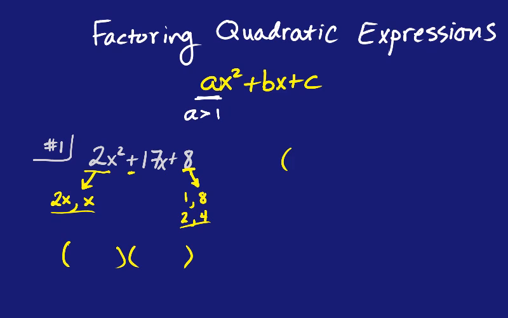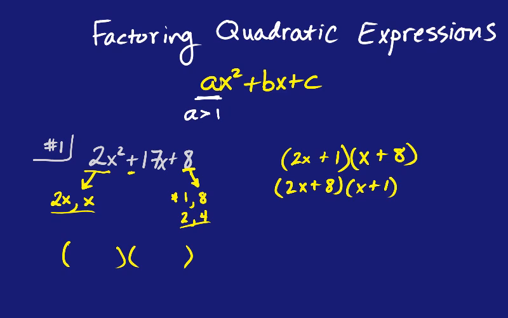A combination could be 2x plus 1 and x plus 8. Another combination could be 2x plus 8 and x plus 1. Another could be 2x plus 2 and x plus 4. Or 2x plus 4 and x plus 2.